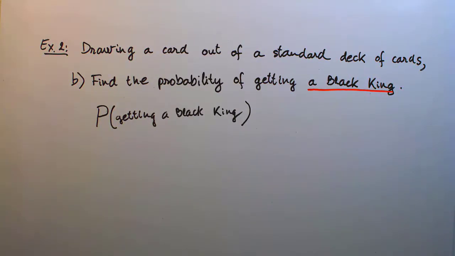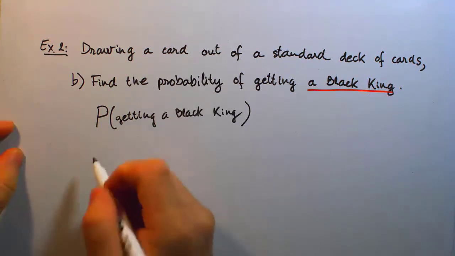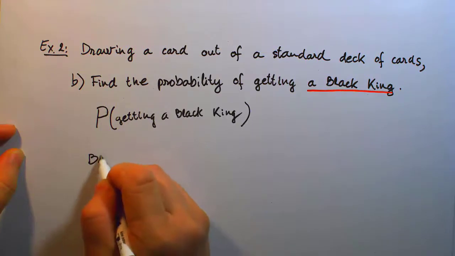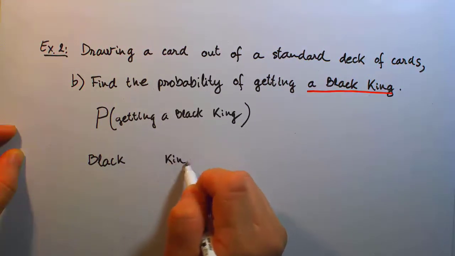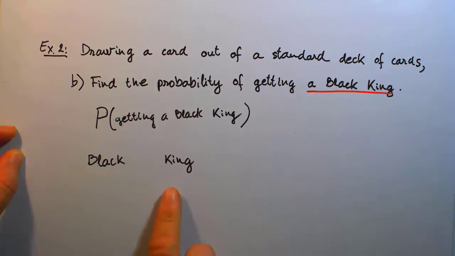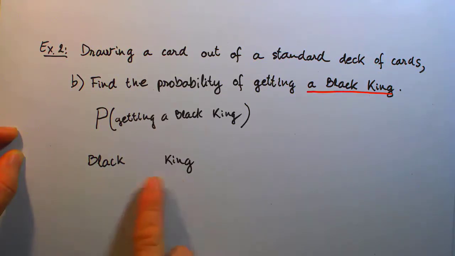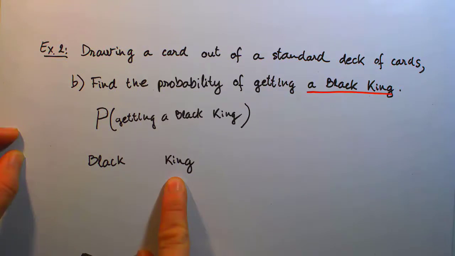If we look further into the event itself, mainly we're looking for a black king. As we realize, it's just the language. A lot of times it doesn't indicate clearly, but behind the scenes there have been 2 requirements involved: being black as one property, being a king card as another property.